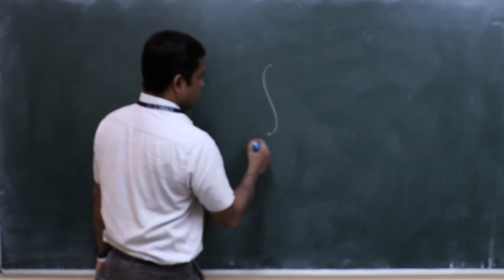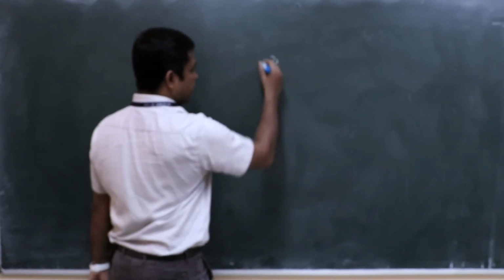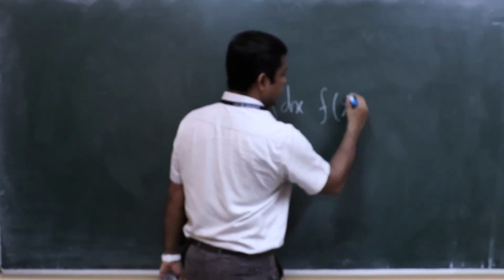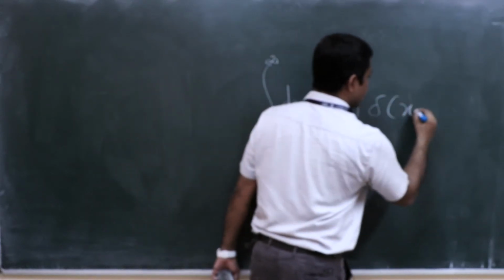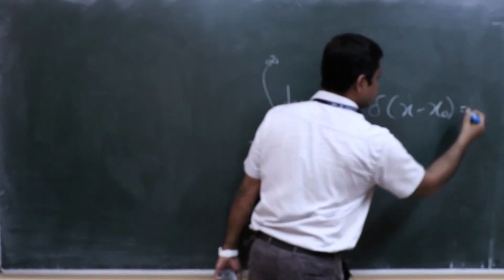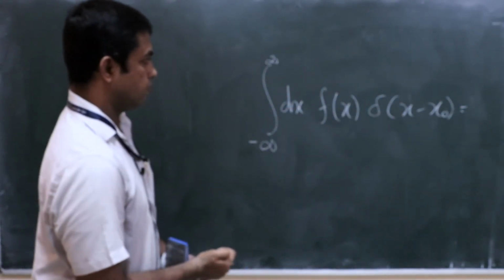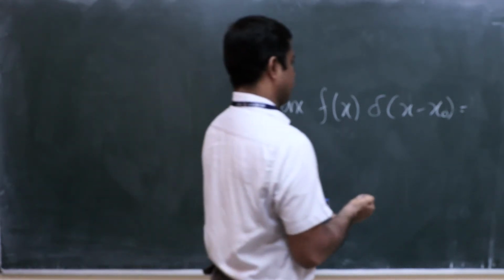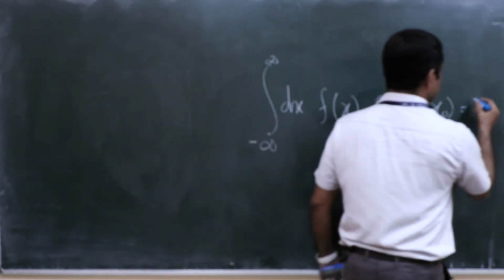So what about the integral from minus infinity to infinity of dx f of x delta of x minus x0? This is f of x naught.